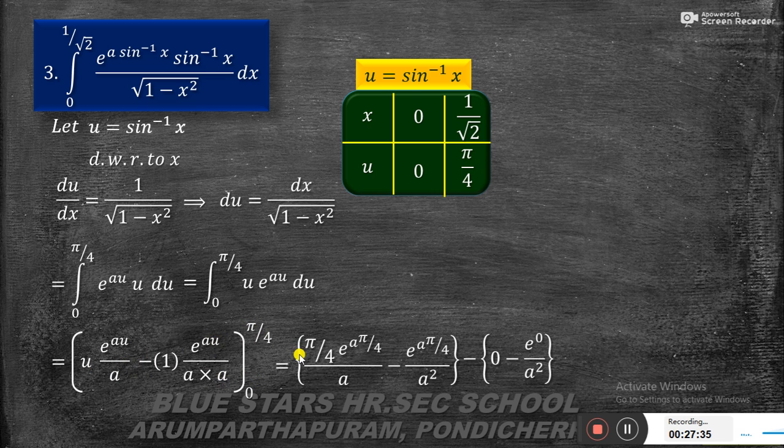In the next step, substitute the upper limit: pi by 4 into e power a pi by 4 by a, minus e power a pi by 4 by a square. Minus, next you substitute u equal to 0: 0 into anything is 0, minus e power 0 by a square.